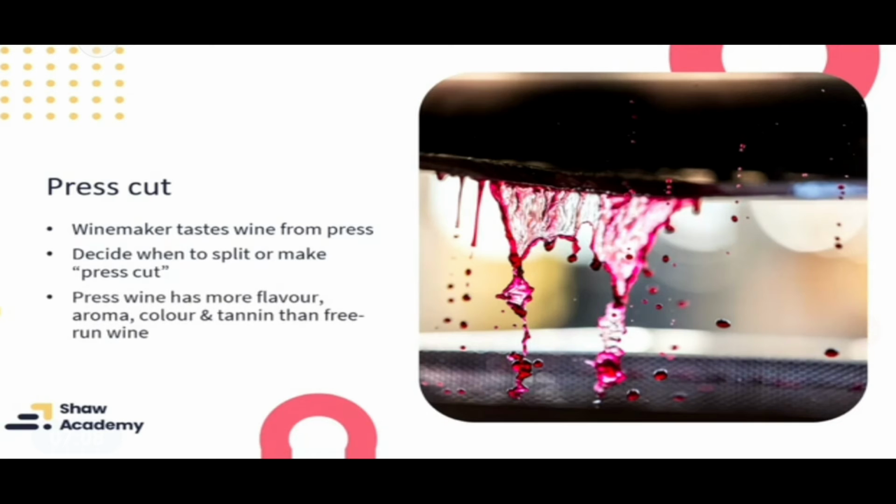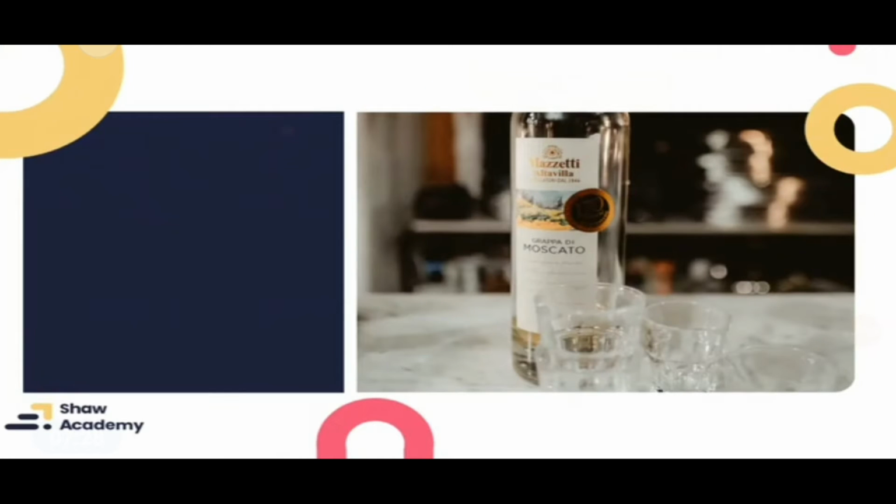We will look at press cycles and different types of wine presses a little bit later in this course. Press wine normally has more flavor, aroma, deeper color, and a lot more tannins than the free-run wine. The winemaker will decide after maturation and before bottling on the final combination of the separate components that will make up the most balanced wine.